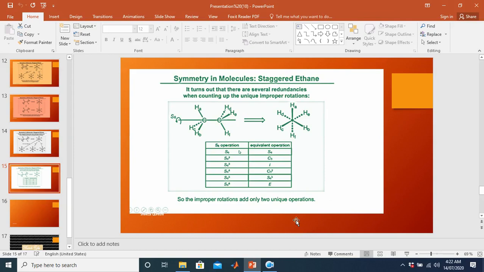S6 is S6, S6 squared is equal to C3, which is a major symmetry, and S6 cubed is equal to i, which is a major symmetry. S6 to the fourth is equal to C3 squared, and S6 to the sixth is equal to identity. So the improper rotations add only two unique operations.